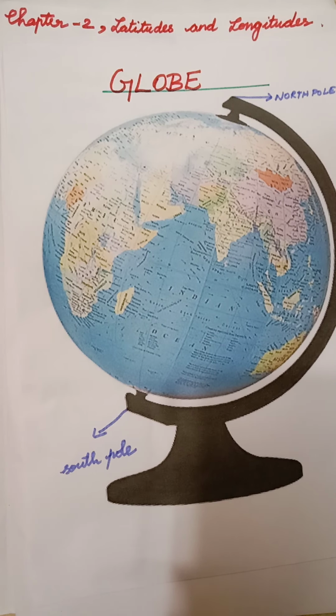Children, let me show the picture of the globe. The globe may be very big in size. We can even carry it in the pocket, and it may also be small in size. Even if you keep the globe on the desk, it may look big.